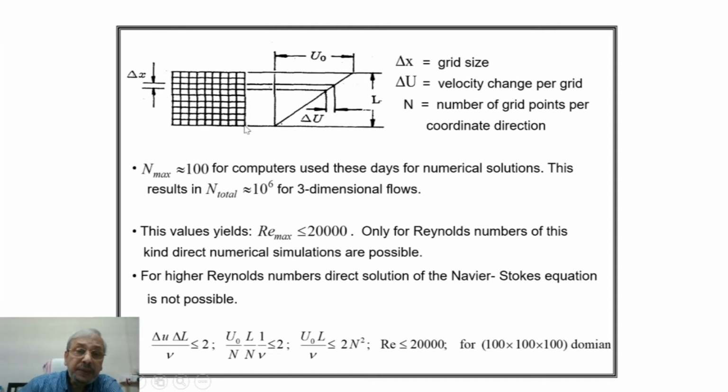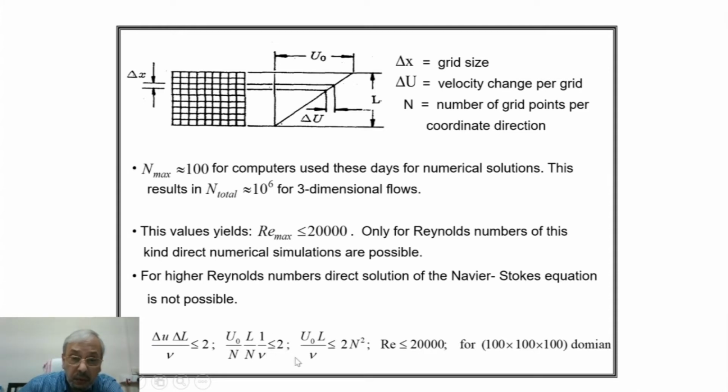Here, from 0 to u0, delta u we can write as u0 by n, if n is the number of grid points in the cross normal direction. And delta L is given by L divided by n, into 1 by nu.